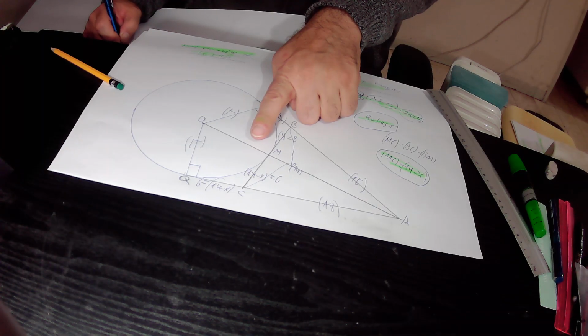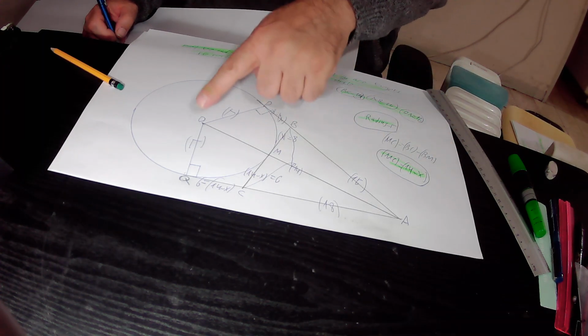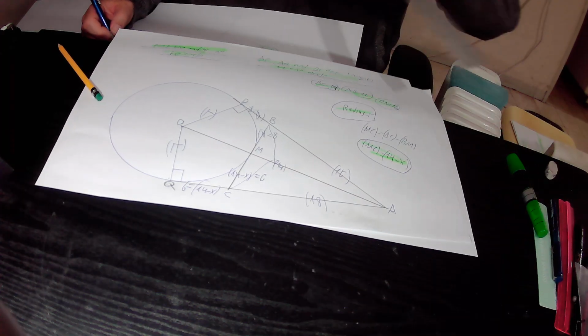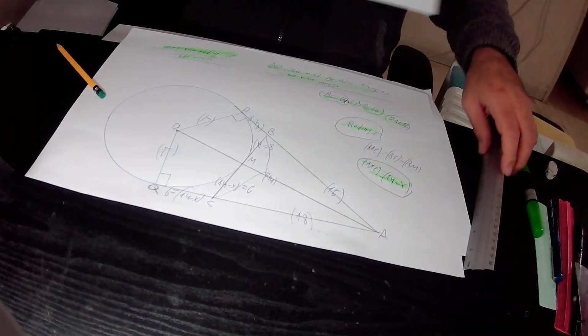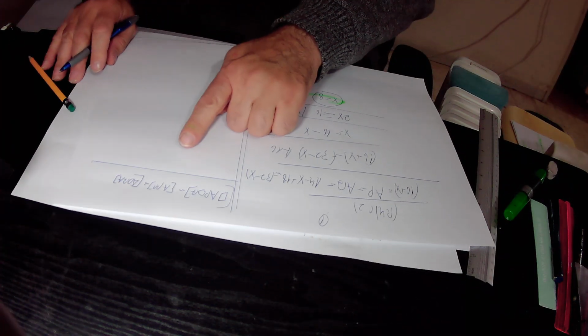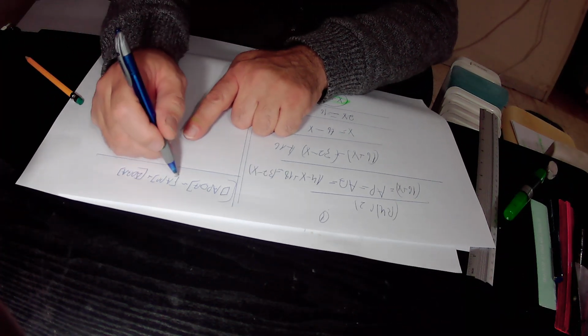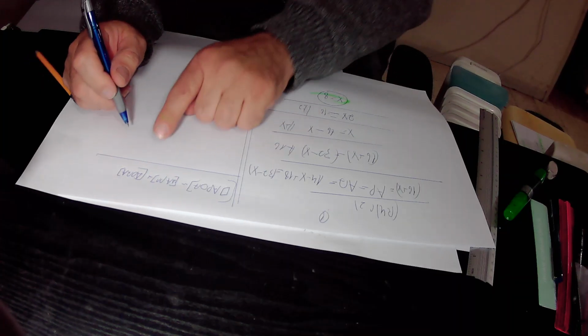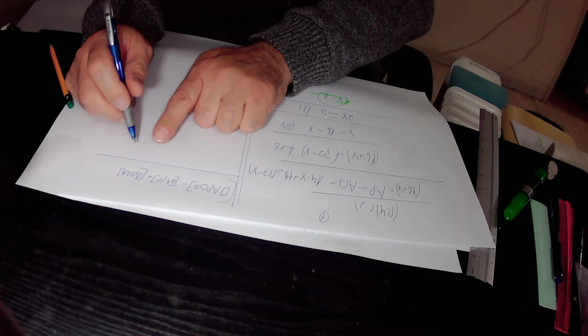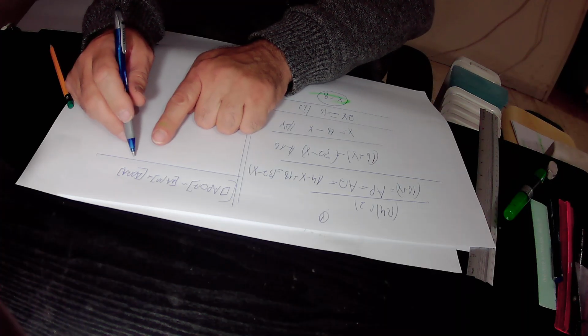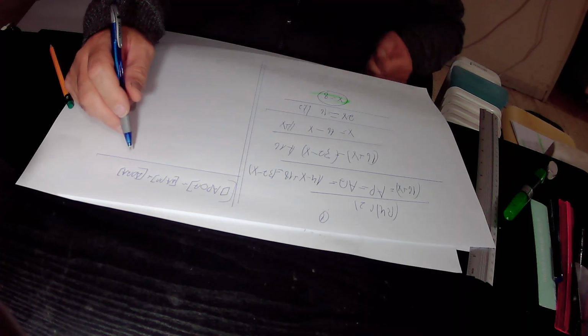So in total, we can find out that the area of this big quadrilateral APOQ is equal to the area of the upper right triangle APO plus the area of the lower right triangle OQA.